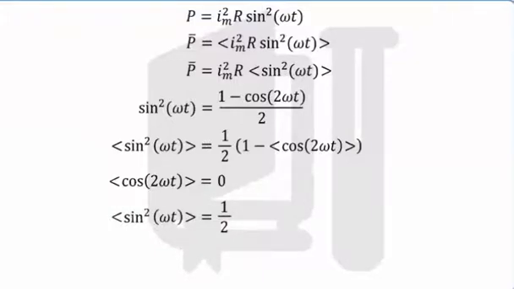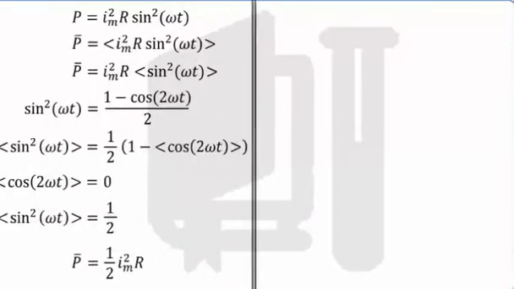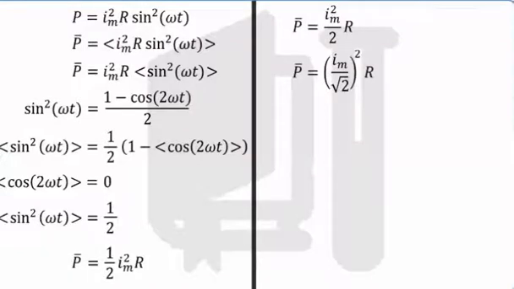Therefore, the average power dissipated over a cycle is half of Im square R. If we define a new value of current to be associated with AC, that is, Im by root 2, we can get the expression of power dissipated from a resistor in AC current in the same way as in DC current. That is, I square R.